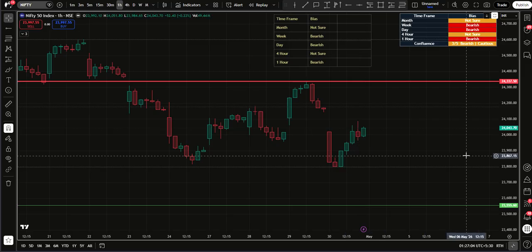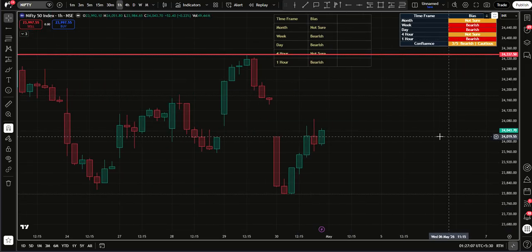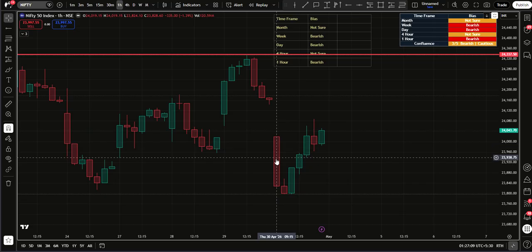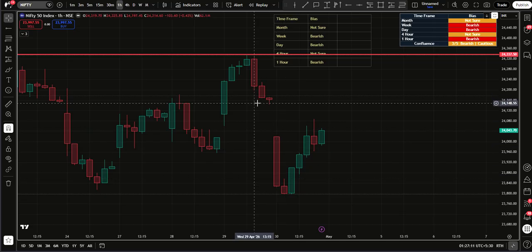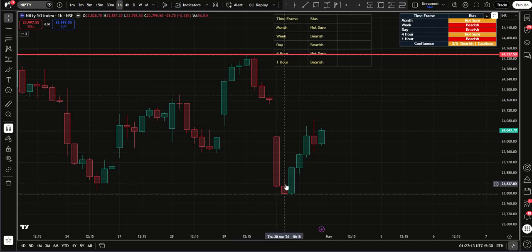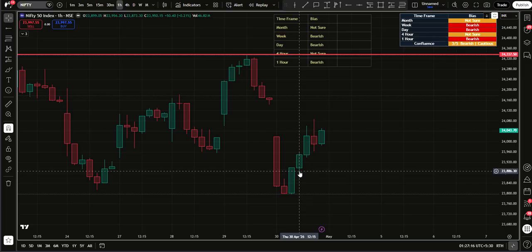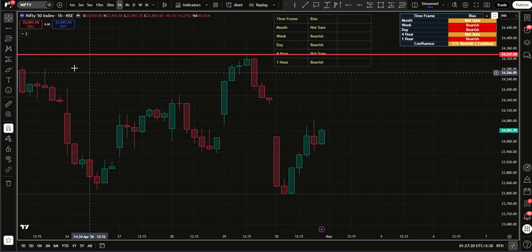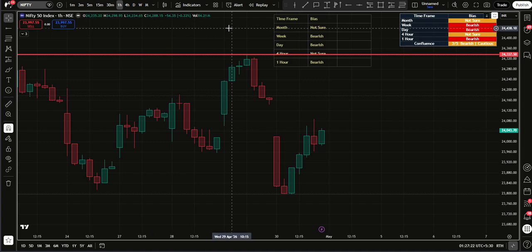Now, there is something else interesting happening here. There was a bearish fair value gap, a large one, and there's an overlapping 1 and 2 bullish fair value gaps. Let me just mark those fair value gaps.